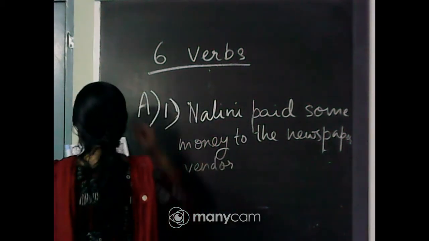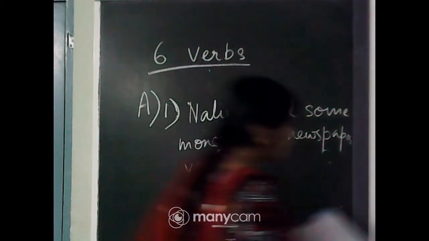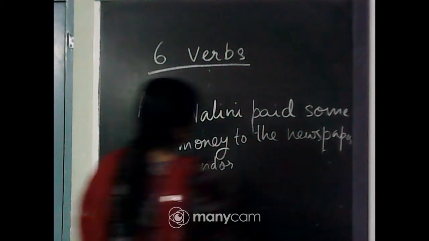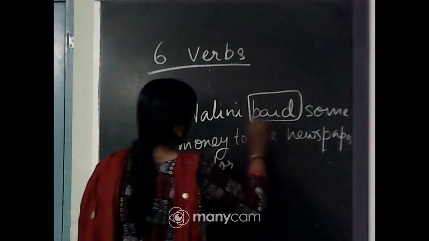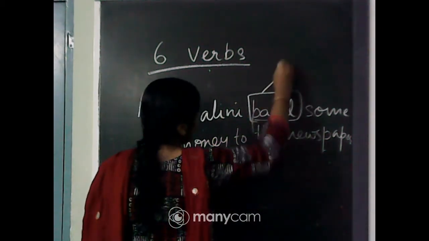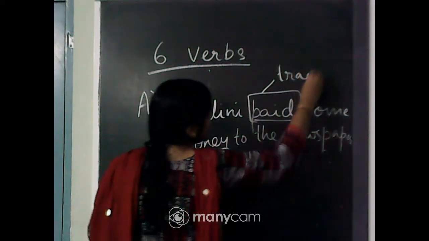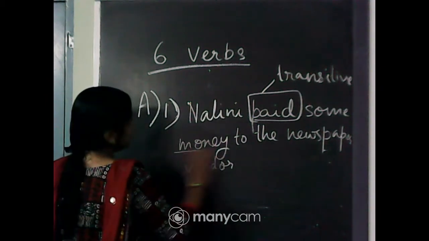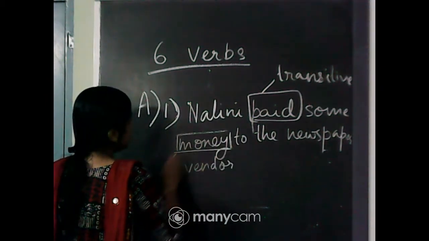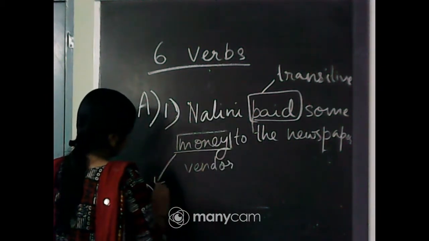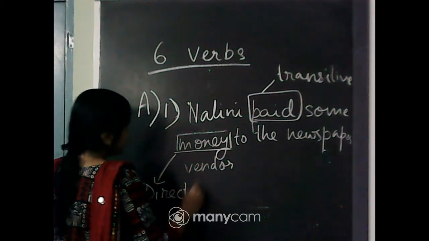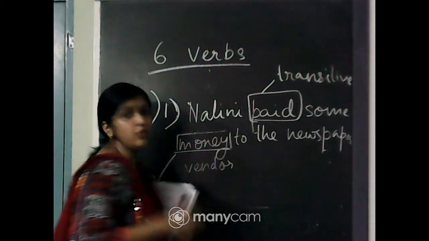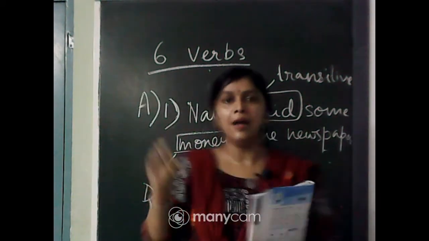In this sentence, the subject of the verb is Nalini. What is the main verb? Paid. And what kind of a verb is it? It's a transitive verb because it requires an object. What is the direct object? Money is the direct object, as it is directly being affected by the action of the verb. Or if we ask the question what to the verb, we get the answer money.